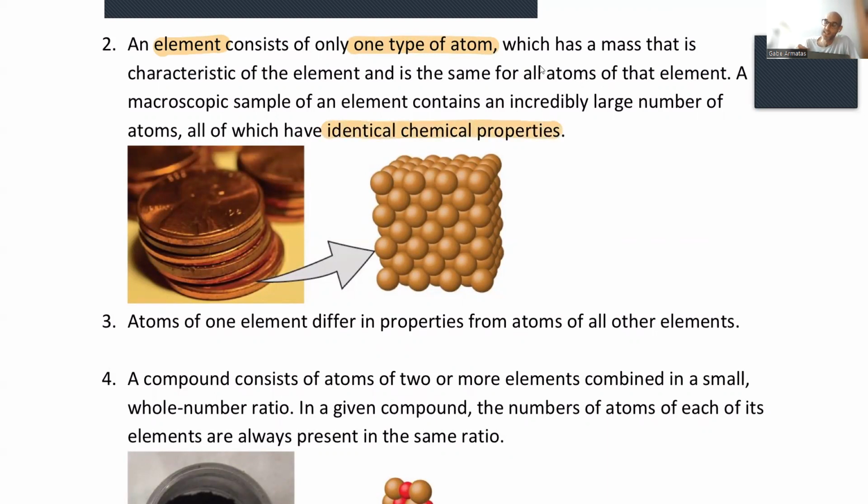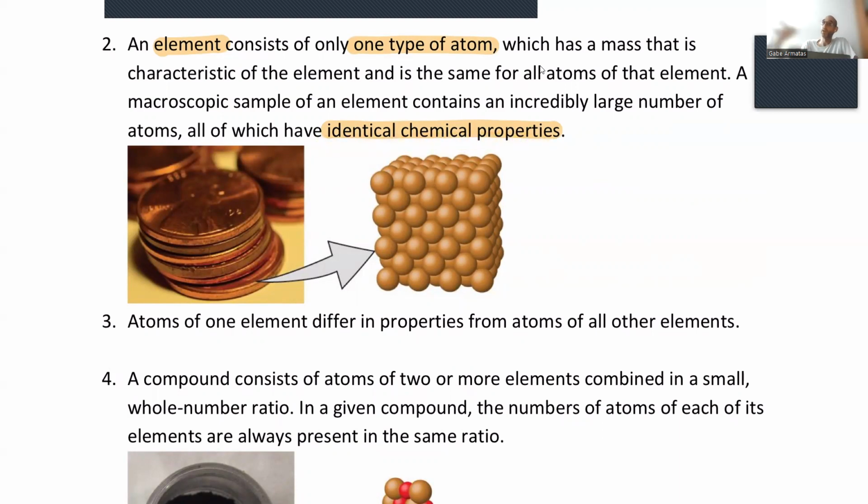So what he is saying here is if I have a carbon atom, every single carbon atom is going to be the exact weight and react the same chemically, right? So I don't have different types of chemical reactions with different types of carbons. Elements all behave the same.